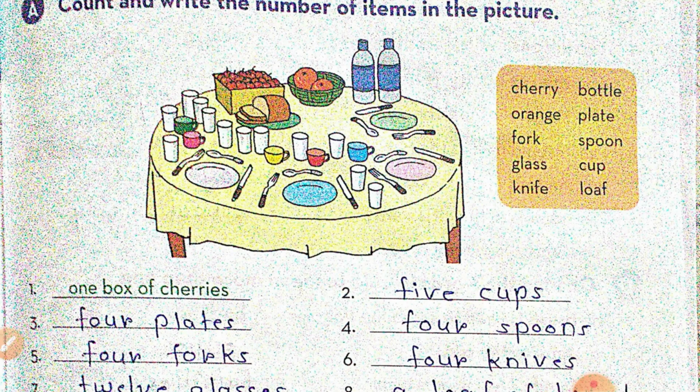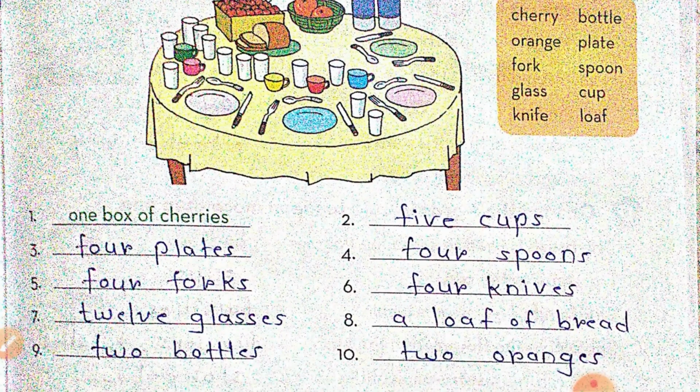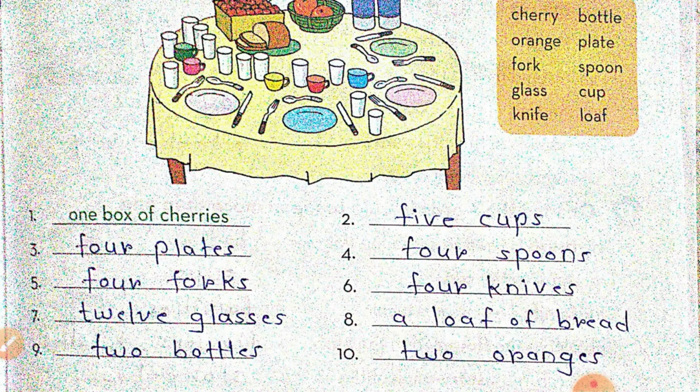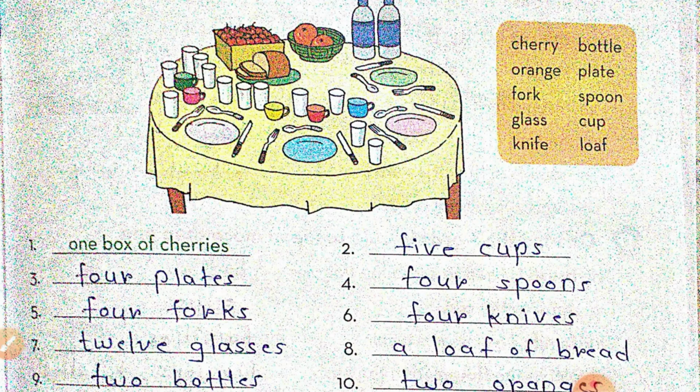Yes, 5 cups are there. These cups are in different colors. 4 plates. Yes, 4 plates are there. 4 spoons. 4 forks. 4 knives. 12 glasses. A loaf of a bread. 2 bottles. 2 oranges. You can count these things.